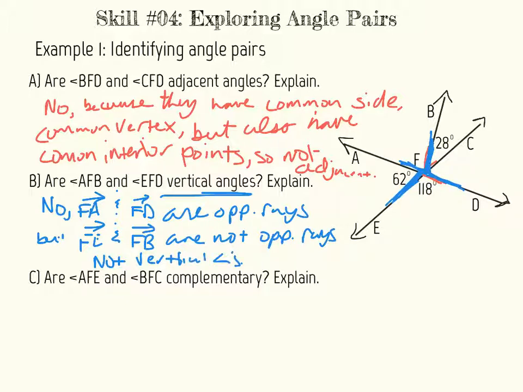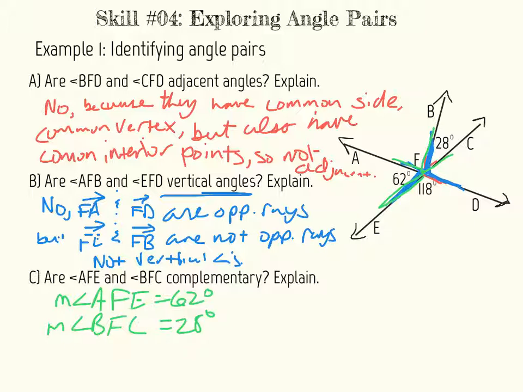Okay, and the last one, we're looking at angle AFE and angle BFC, and are they complementary? Looking at AFE, the measure of angle AFE is 62 degrees, and the measure of angle BFC is 28 degrees.